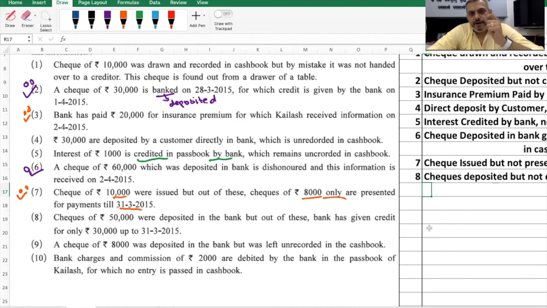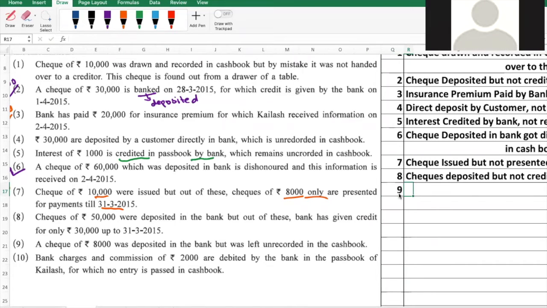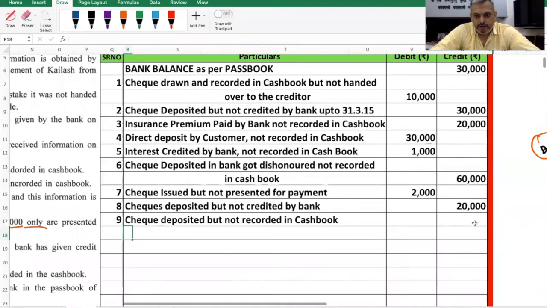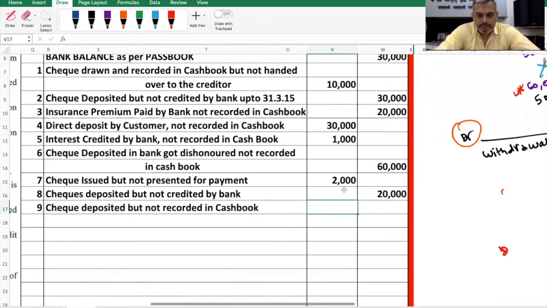So it was deposited, it came in the passbook in the bank but did not come in the cash book, so which side will we record? Debit. Debit side. Write: check deposited but not recorded in cash book, 8,000, debit side.